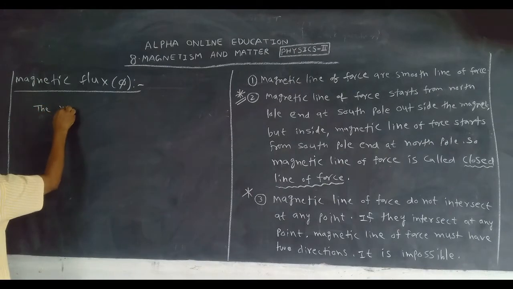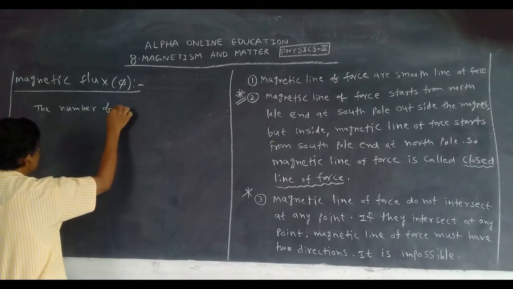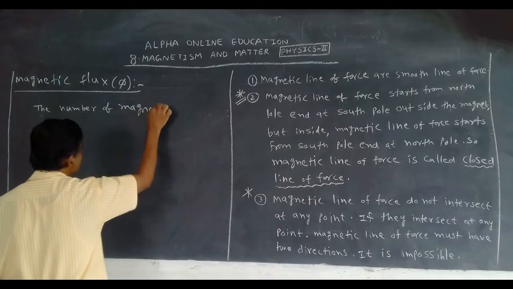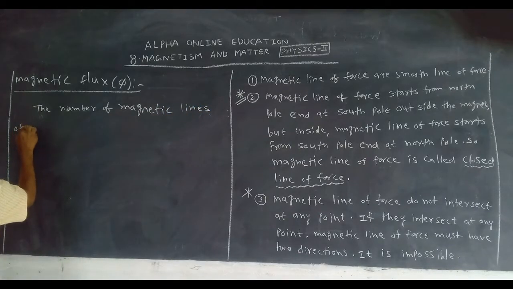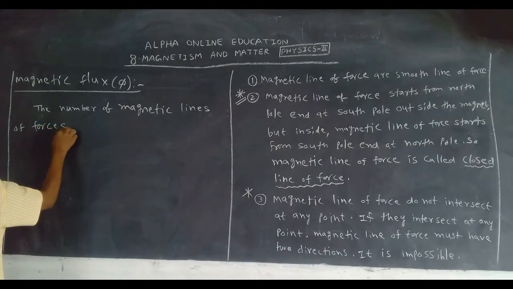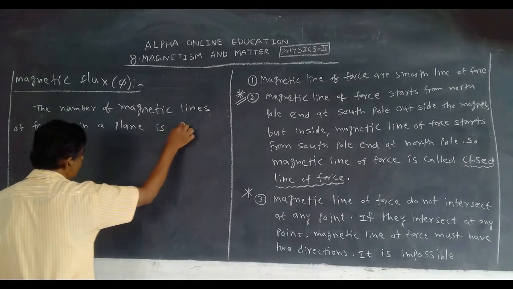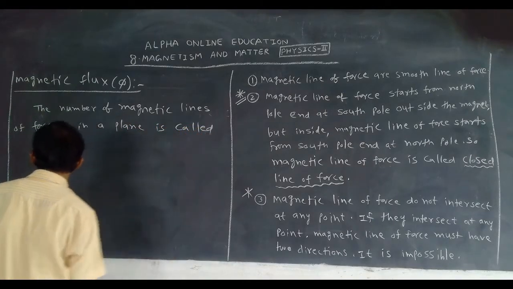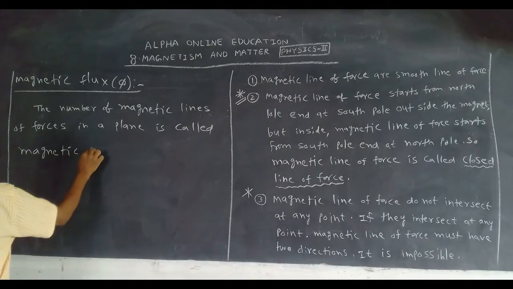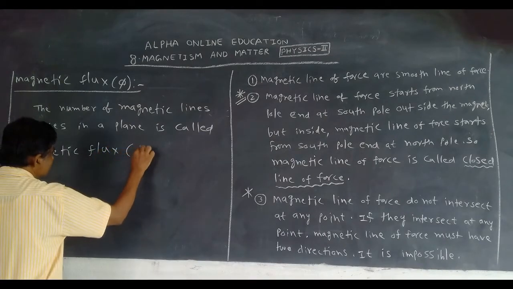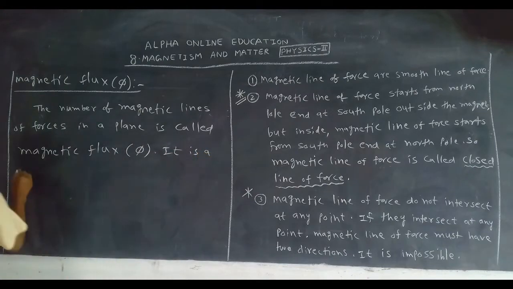The number of magnetic lines of force in a plane is called magnetic flux. It is a scalar.